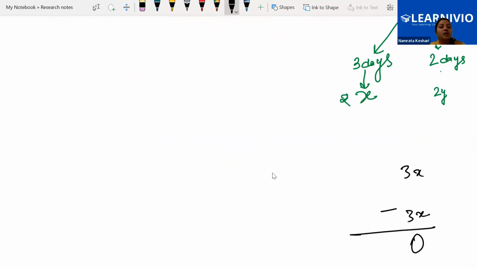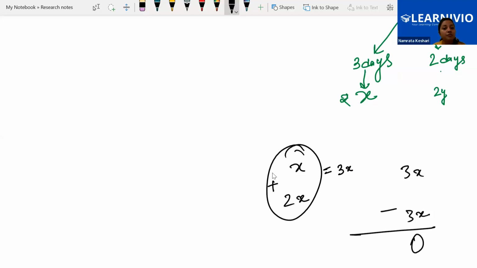It will get eliminated. If I give you x and 2x and tell you either add or subtract to make 0, it is not possible. If we add them, x plus 2x is 3x. If we subtract them, then x minus 2x is minus x.